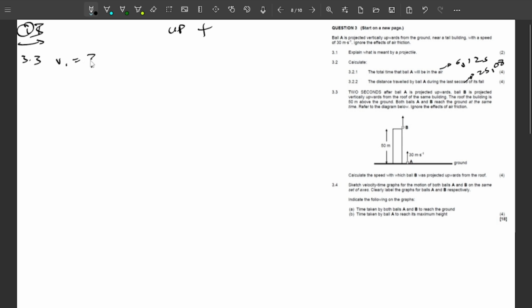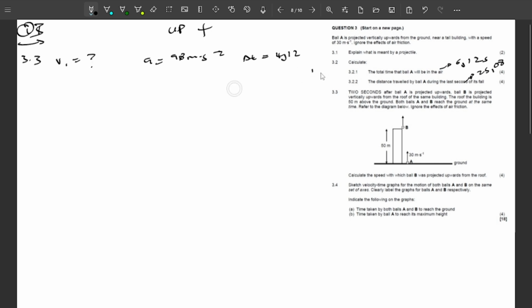So what do we have? We have a, which is 9.8 meters per second squared. What else do we know? We know that the change in t is 4.12. For those who are wondering, I said since the total time for ball A was 6.12, for this ball, since they said they projected it up 2 seconds later, you just have to subtract 2, and you get 4.12.